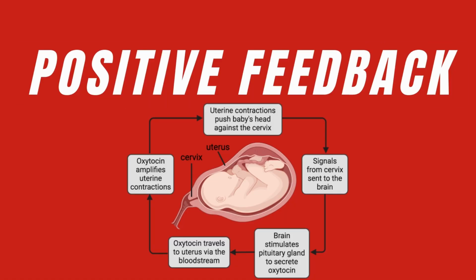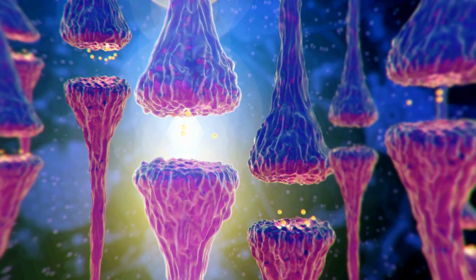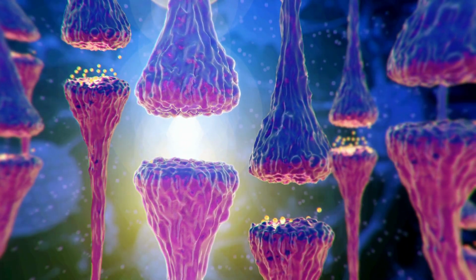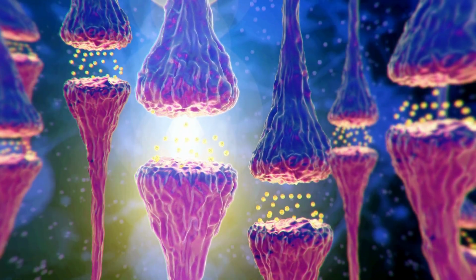If there is a negative feedback loop, then there is a positive feedback loop. Unlike a negative feedback loop, where the conditions are reversed, in a positive feedback loop, the conditions are enhanced.